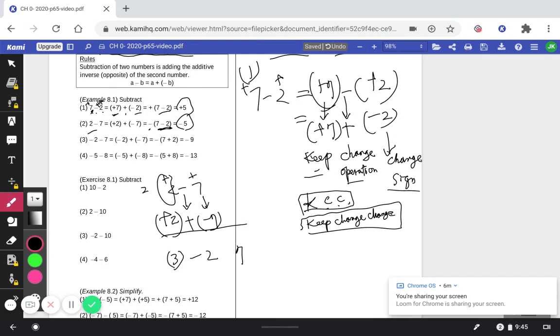And this was the second one. They try to confuse you by not giving a sign. So you add an addition sign when there is no sign at all, and whenever you see minus, you do keep change. So you keep negative 2, change the minus to plus, change the operator, and change the sign, positive 7 to negative 7.